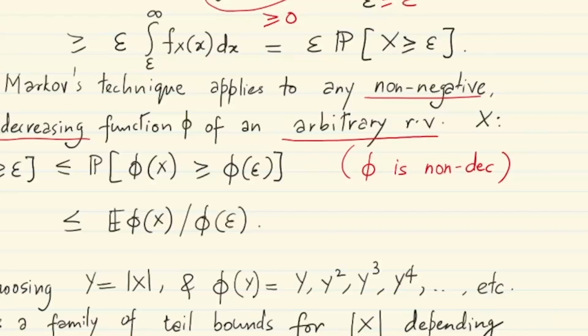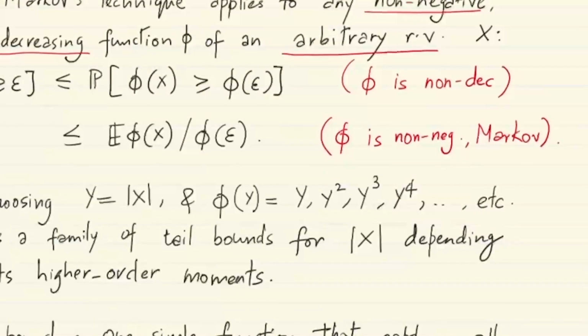So this holds for any random variable x provided you take an appropriate function phi which is non-negative and non-decreasing. The second inequality holds because phi is non-negative, and then by Markov's inequality.